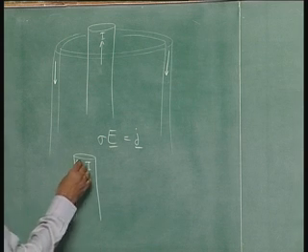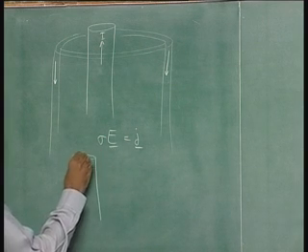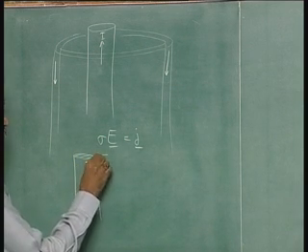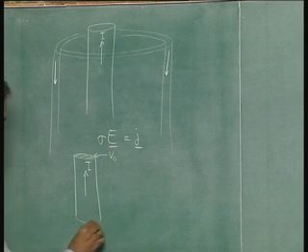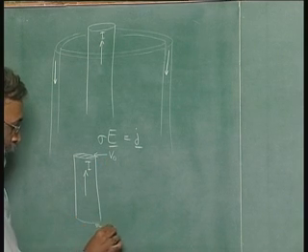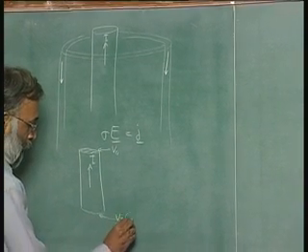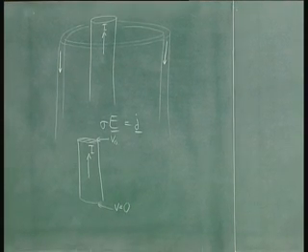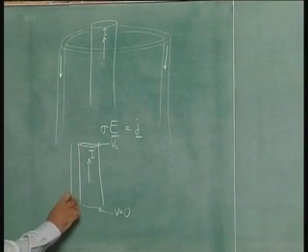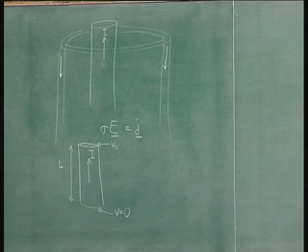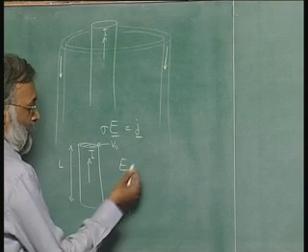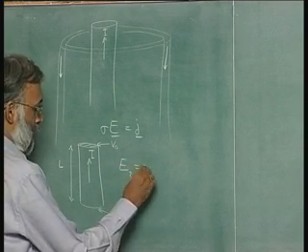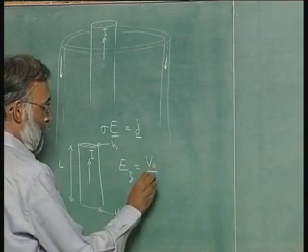So, what does that mean? Supposing I put this top lead at a voltage V naught and I put this bottom lead at voltage 0, and this height is some length L. So, my electric field is going to be along the z direction, E z is equal to V naught over L.